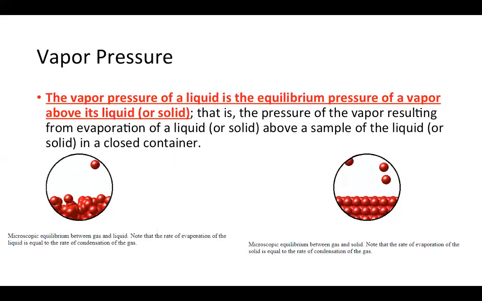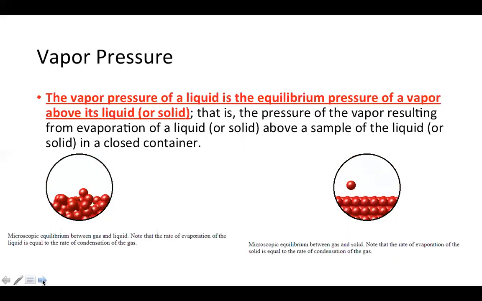In this equilibrium state, if this is in a closed container, when we start vaporizing some of that liquid, at some point those vapor molecules or atoms are going to recondense and reform back into the liquid state. So the vapor pressure is reached when the rate of vaporization of that liquid is equal to the rate of condensation of those gas particles.